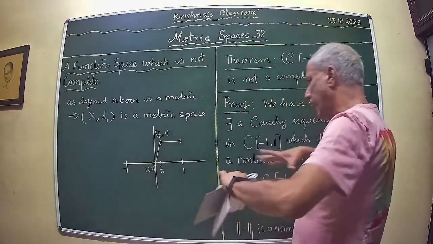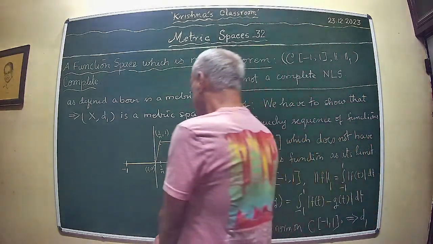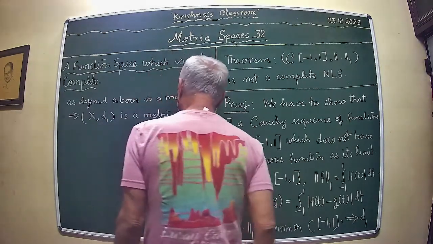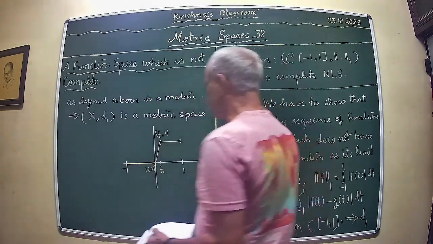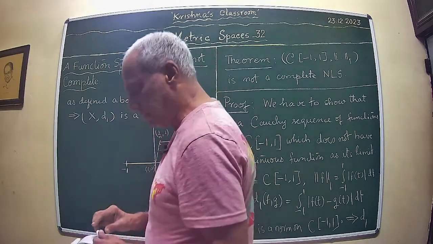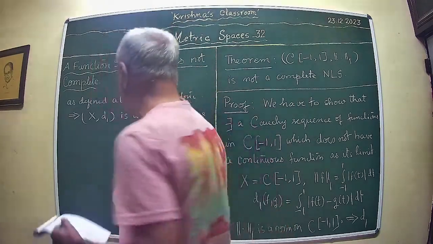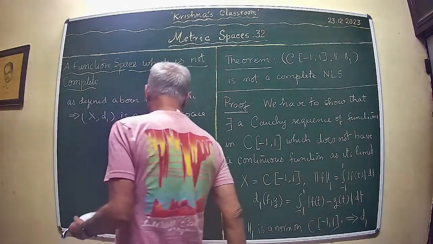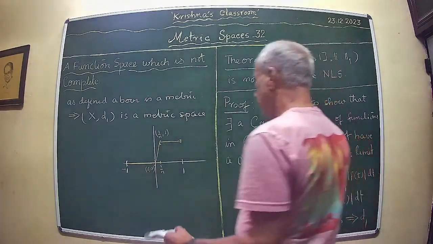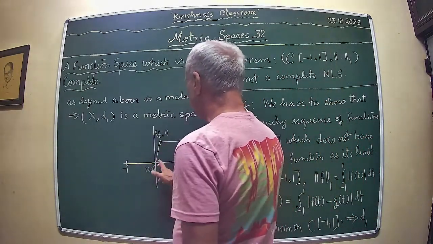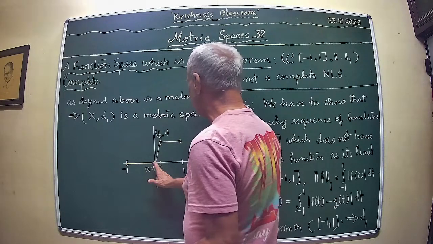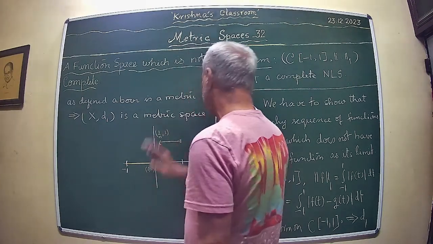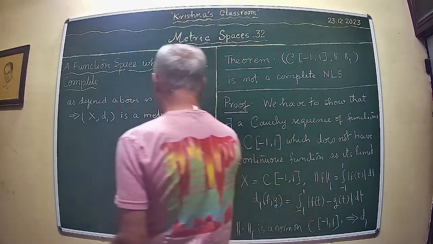Now what would happen as n tends to infinity? See that as n tends to infinity, 1 by n goes towards 0. Therefore what happens is you will get more and more of this function becoming 0 here and then 1 over here, and eventually on the interval 1 by n to 1 the function is identically equal to 1.